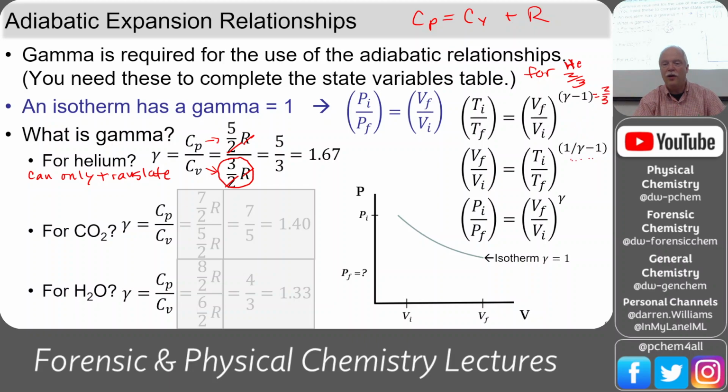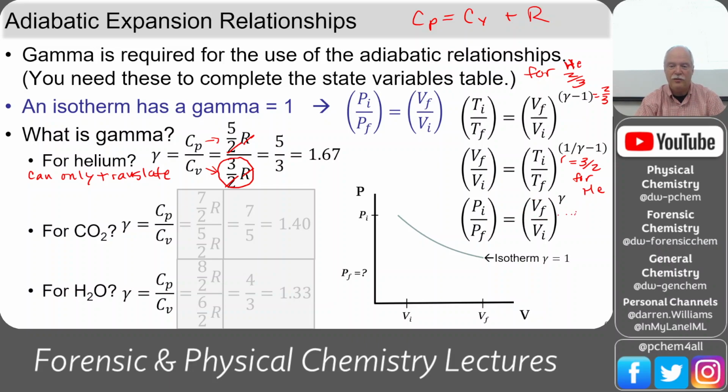Okay, what about 1 over gamma minus 1? Well, if this is gamma minus 1, 1 over that is just 3/2. You just flip it over. So this equals 3/2 for that exponent for helium.